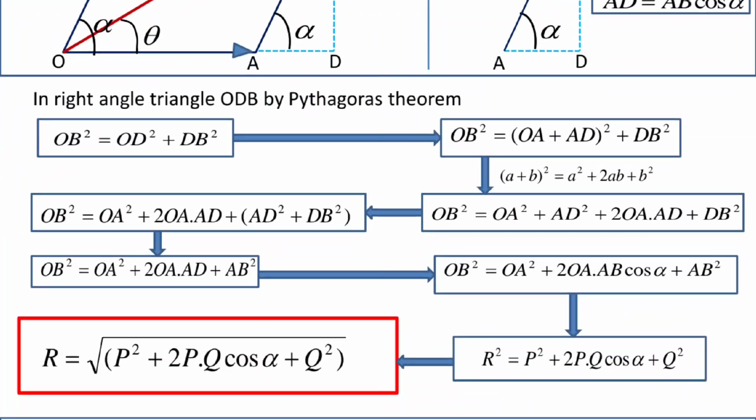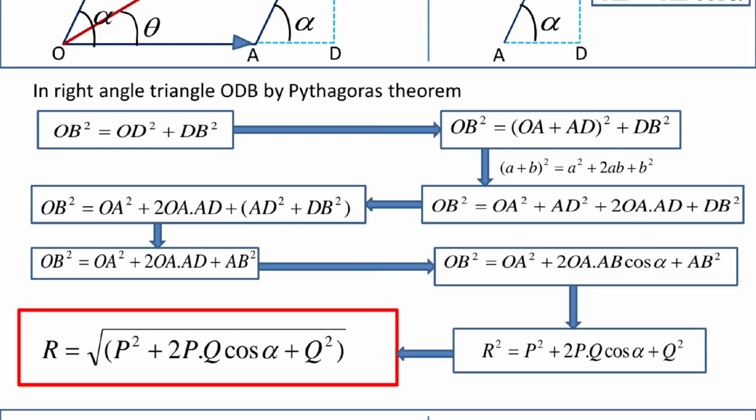Therefore, in place of OB we can write R, in place of OA we can write P, and in place of AB we can write Q. Therefore, the equation becomes R square is equal to P square plus 2PQ cos alpha plus Q square. Finally, we get R is equal to root P square plus 2PQ cos alpha plus Q square. This is the magnitude of the resultant force.